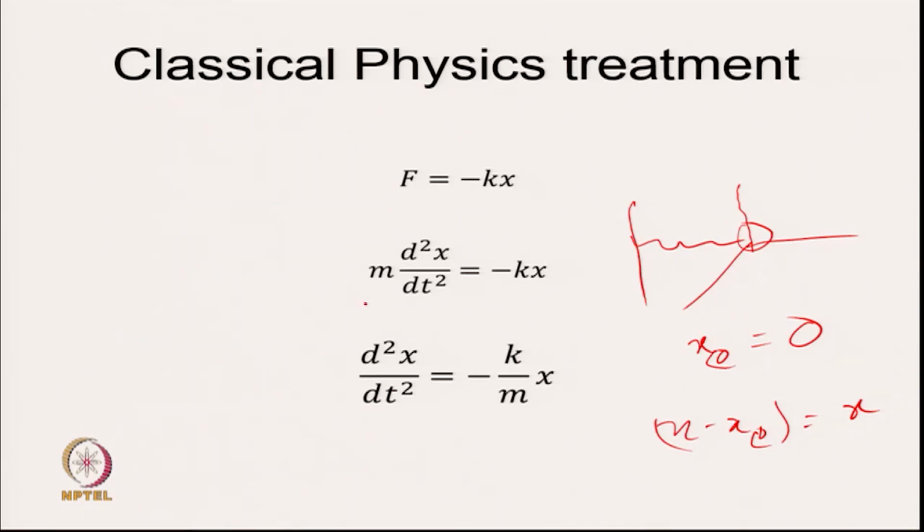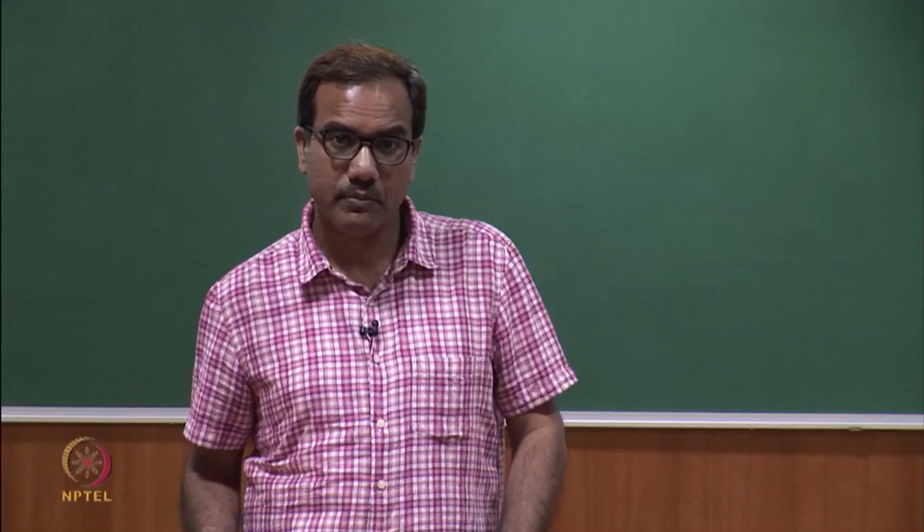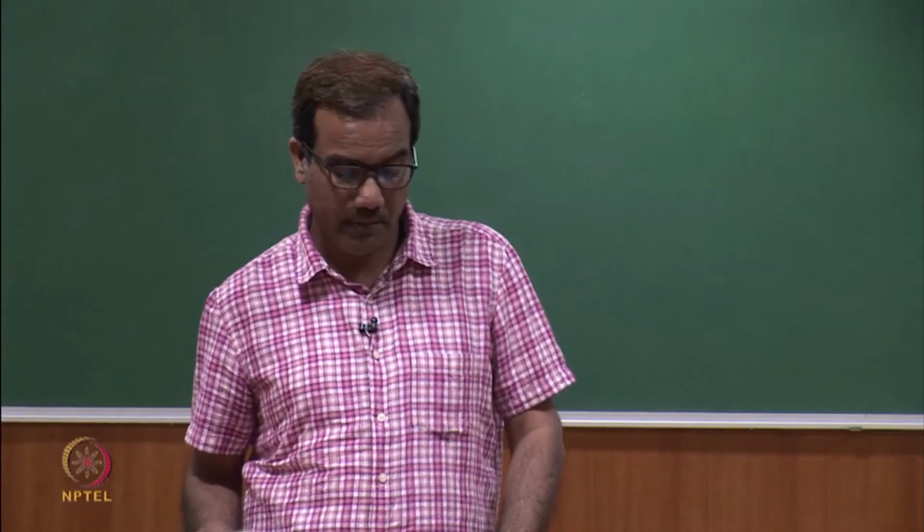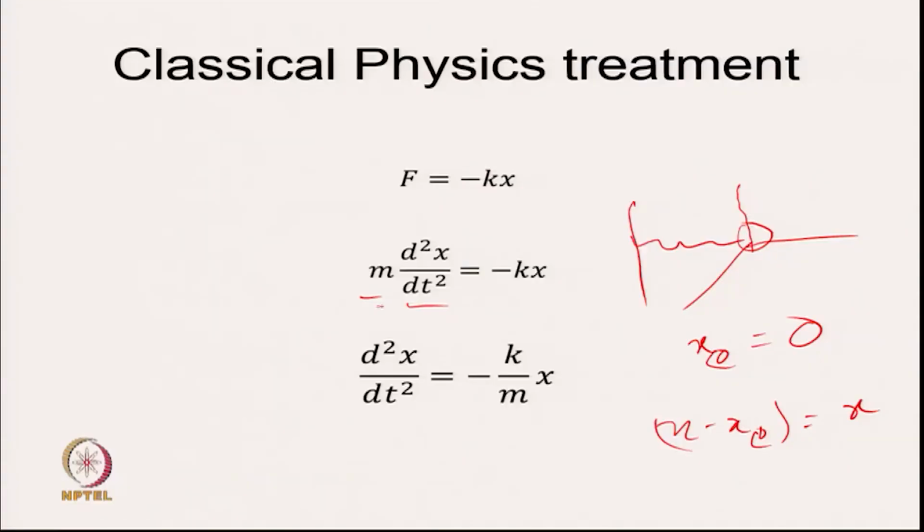So, this is your mass and this is your acceleration. Acceleration is nothing but the second derivative of position, or displacement, with respect to time. So, ma is equal to minus kx, and now we can bring this m here. So, now you have this equation, which is a second order differential equation.